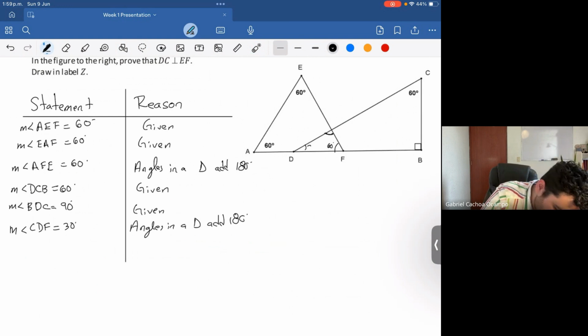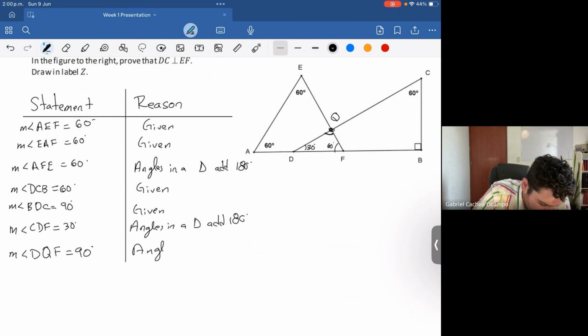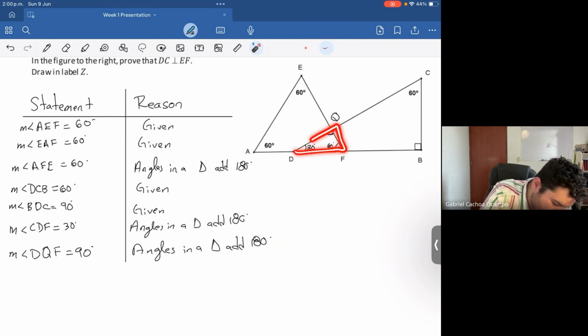So this is 30. And I'm going to label this point as Q. Then angle DQF is 90 degrees because angles in a triangle add to 180. I am talking about this triangle.